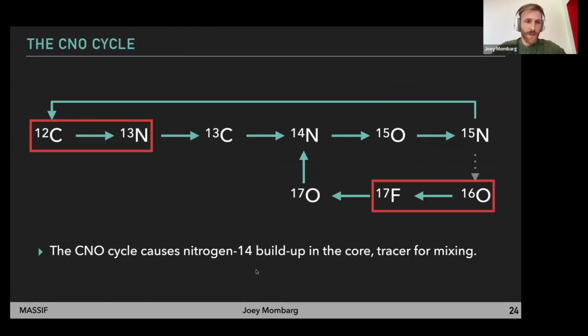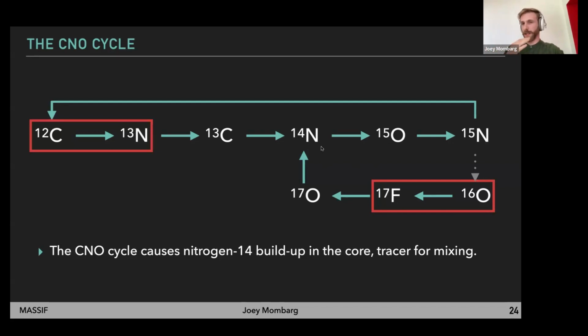A useful thing to observationally calibrate the efficiency of mixing is the CNO cycle. This is a cycle of catalysts, and the slowest reaction rate is the conversion from nitrogen to oxygen. So you start burning hydrogen in the core, and you build up nitrogen-14 there as well.